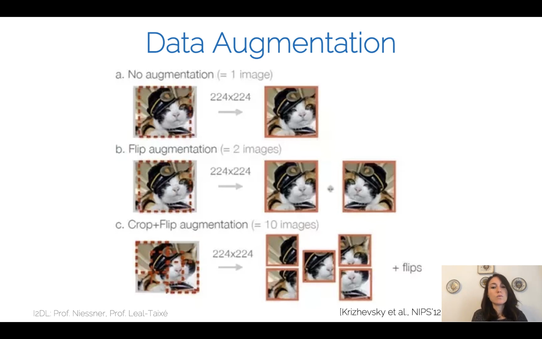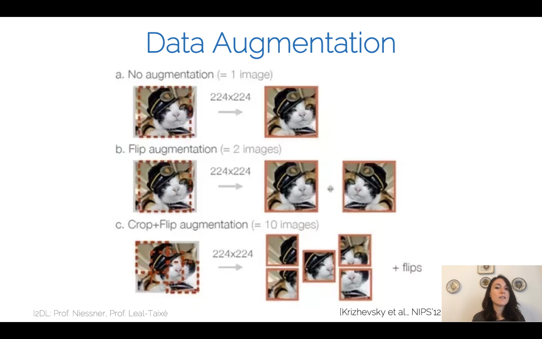But what you can then do is flip your image, right? So you have here the image of your cat, and you can simply flip it. So with this simple trick, what has happened now is that we are showing the network the cat as if I was looking on the right side of the cat, and as if I was looking on the left side of the cat.